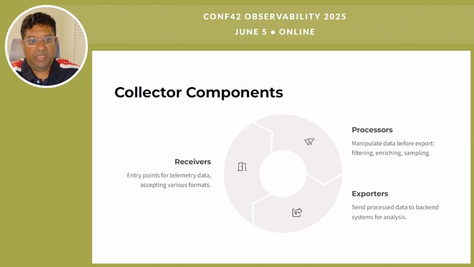Now we'll talk about the components of the collector: the receivers, processors, and exporters. Receivers are the entry points for telemetry data, and they accept various formats. Processors manipulate the received data by filtering, enriching, or sampling it, and send it to the exporters. The exporters send the processed data to the backend systems for analysis.